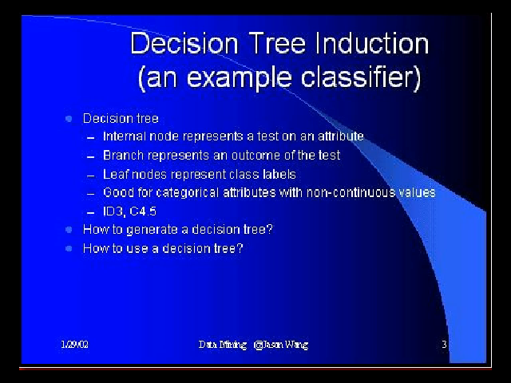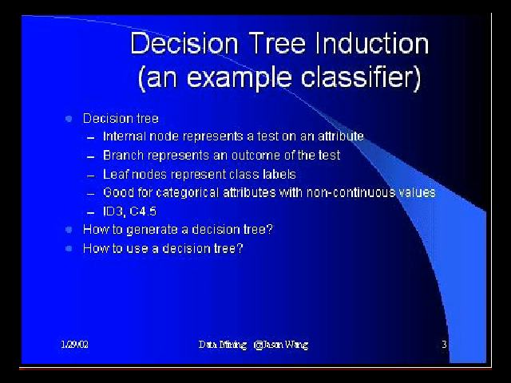Non-continuous values refer to, for example, male, female, or rich, poor. These are non-continuous values. And the particular algorithm we are going to introduce is ID3 and its modification C4.5.